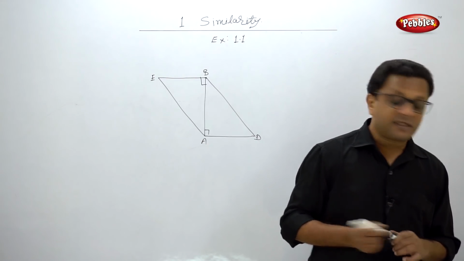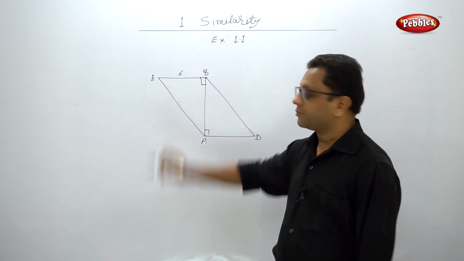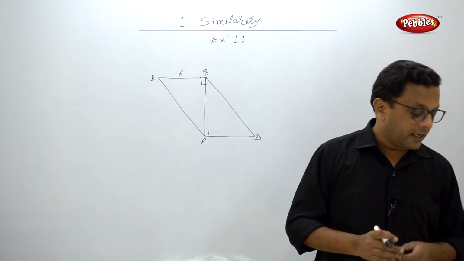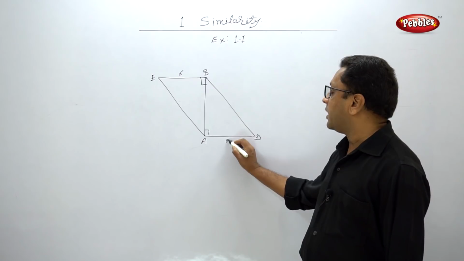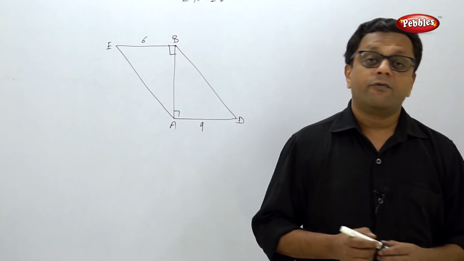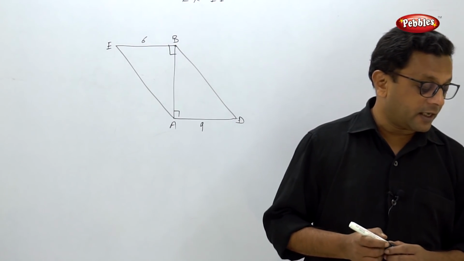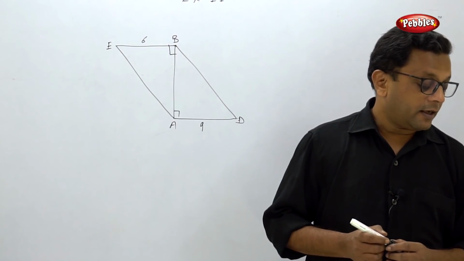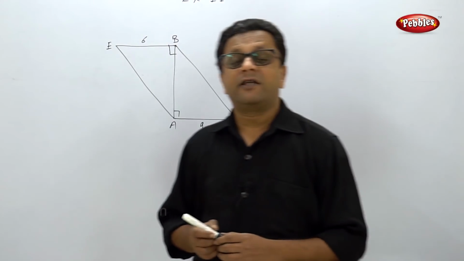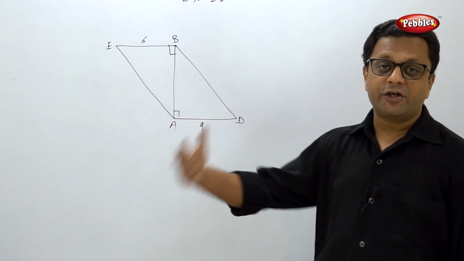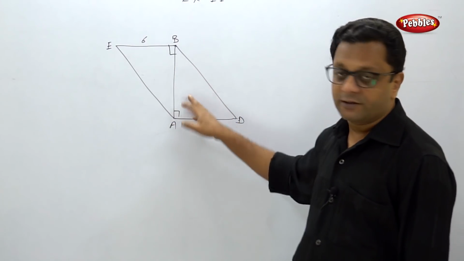If BE is 6 and AD is 9, then we have to find the ratio of the area of triangle ABE to the area of triangle BAD. That means we have to find the ratio of the areas of these two triangles.